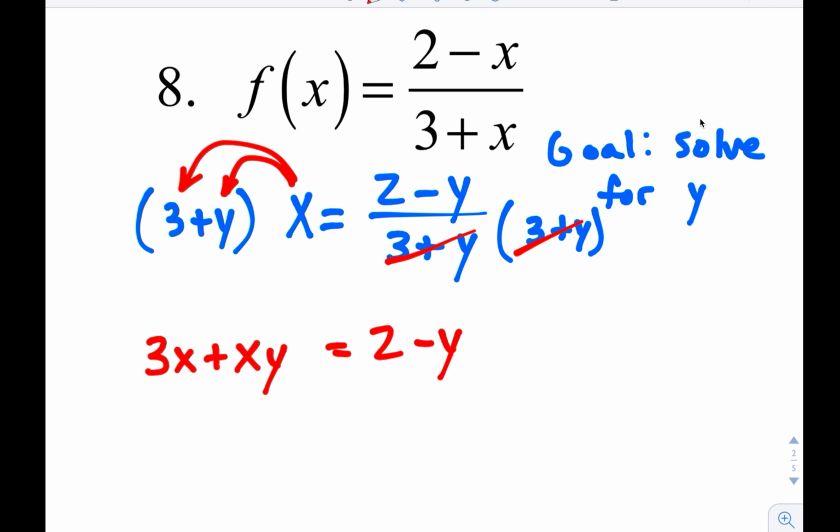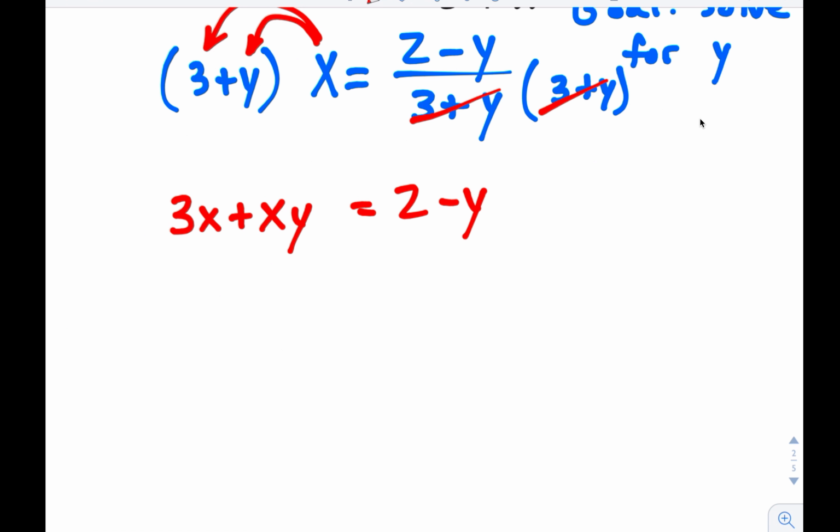Okay, so now everything is linear, which is what I want. Now I want to make sure I have all the y terms on the left side, and all the things that don't have a y term on the right side. So I'm going to add the y over. So that's now 3x plus xy plus y equals 2.